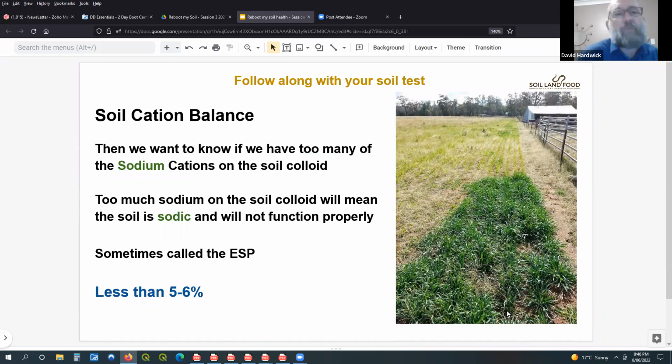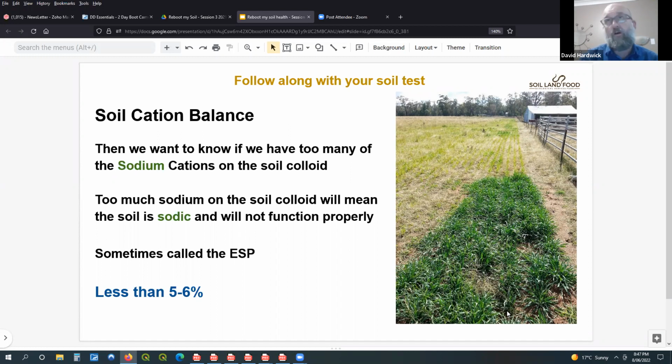Here's sodium. Generally you want it under 6%. This is a sodic soil, with high sodium at 11%, in the picture you're looking at. They sowed oats and fertilizer to try and get something to grow because no pasture was growing. Where they sowed the oats and fertilizer, most of the paddock didn't grow very well at all.